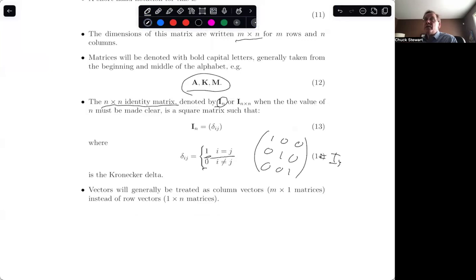So algebraically, we're typically going to treat vectors as column vectors.